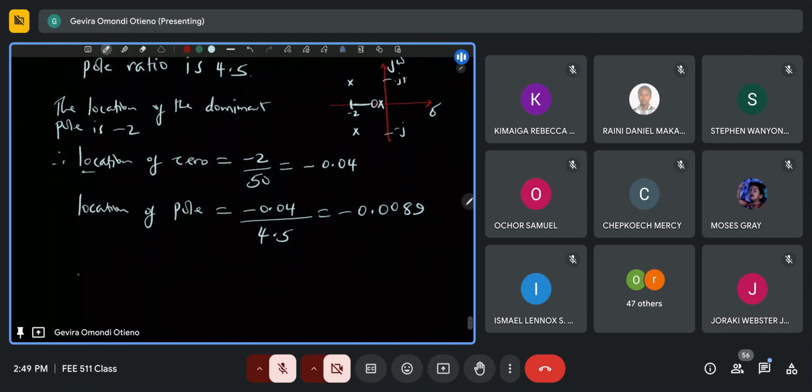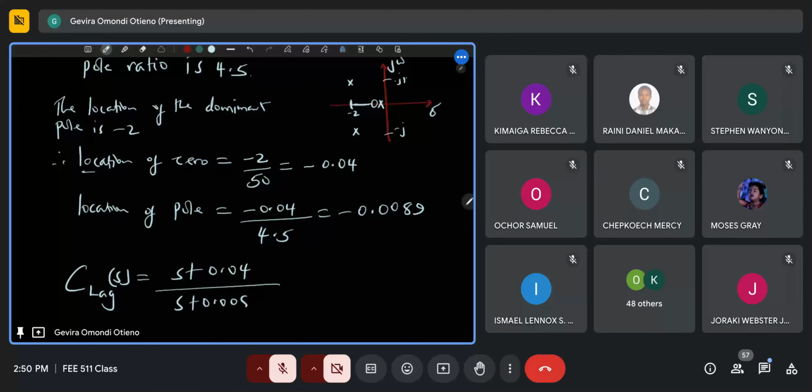So therefore, our C, we're calling it lag. This is a lag compensator. Should be given by s plus 0.04 over s plus 0.0089. Okay, that is our design for the lag compensator.